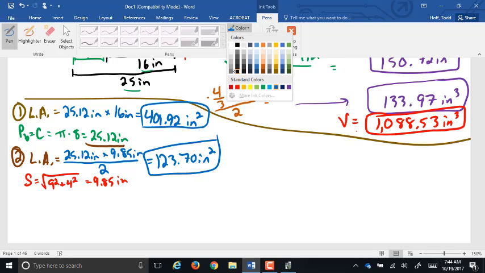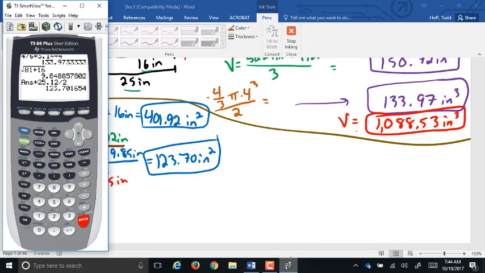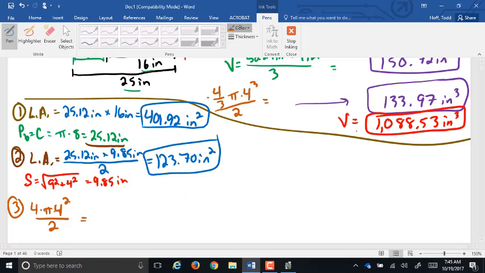The sphere, of course, is just a sphere. It's half a sphere, so its area is 4 times pi times the radius, which is 4, squared, and we're dividing by 2 because it is only half a sphere. So 100.48, I'm getting there.